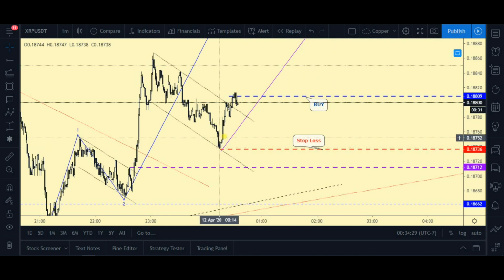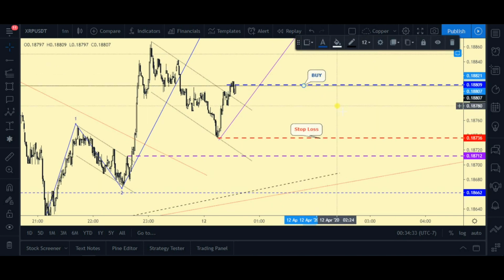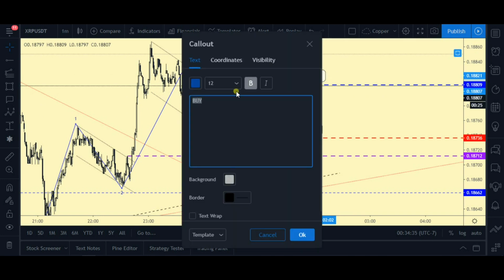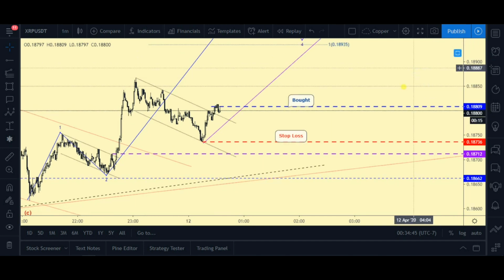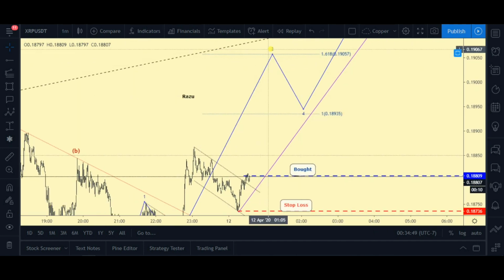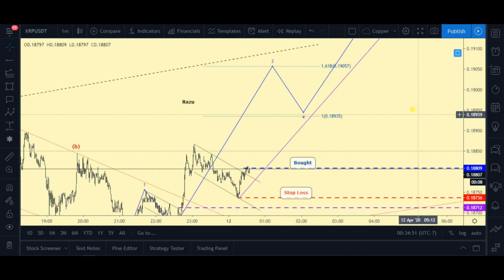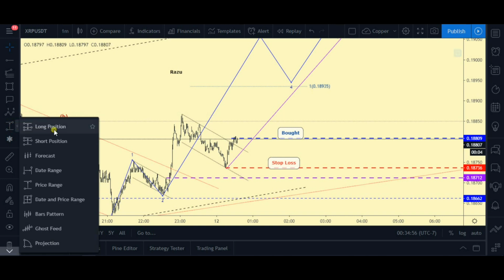Okay, so we have our strategy right now. So this is already bought here. So what would be my risk to reward ratio right here? If I am expecting the price to go, third wave, to at least move here, I would first of all take a long position here.